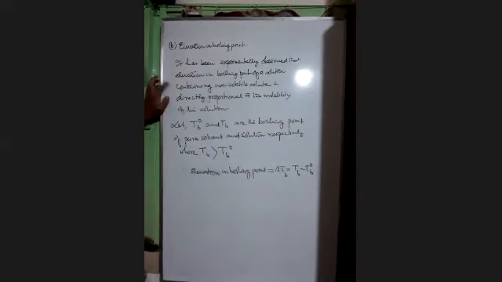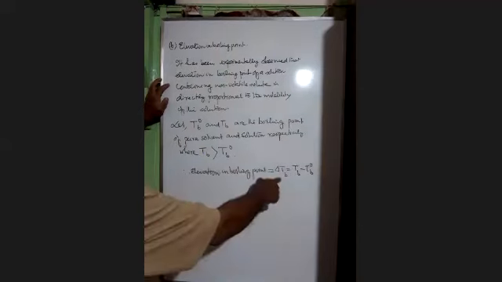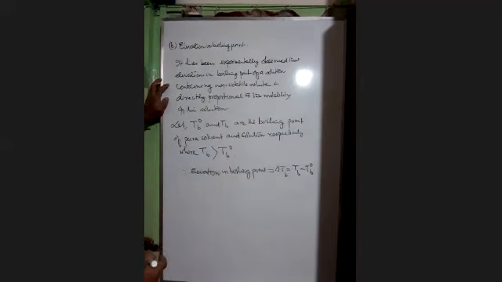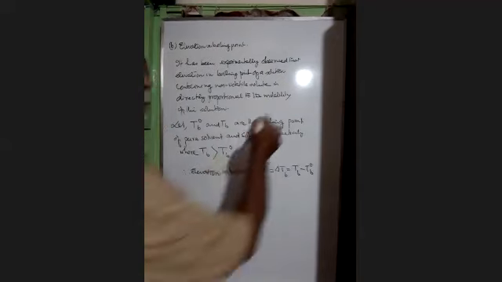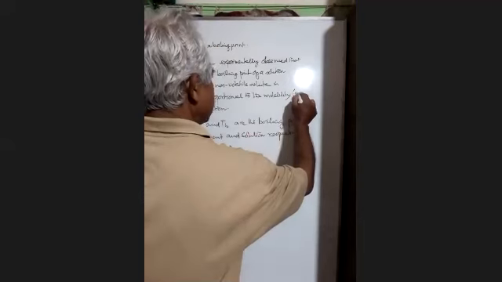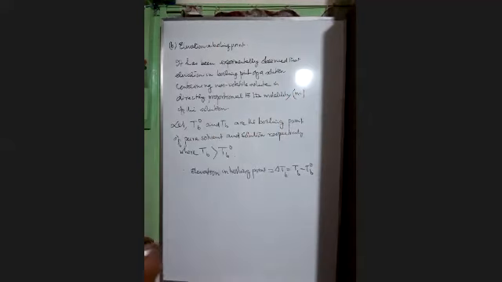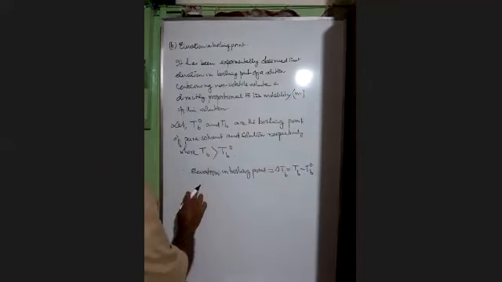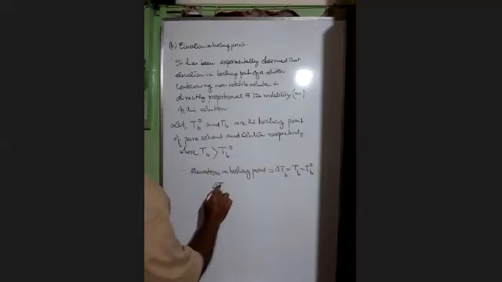What did you learn from there? What does it say here? It has been experimentally observed that the elevation in boiling point of a solution containing non-volatile solute is directly proportional to the molality of the solution. So what is the symbol of molality here? We know molality is small m. So what can we write now? We find here that delta TB is proportional to m.